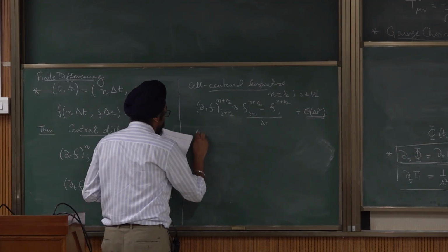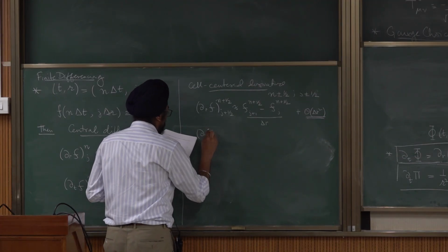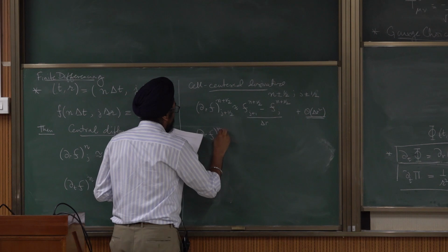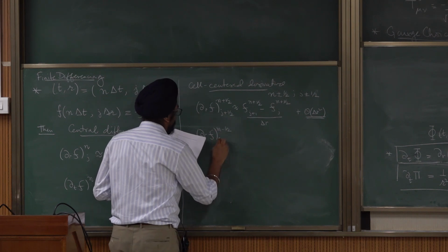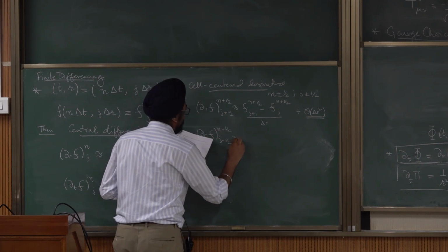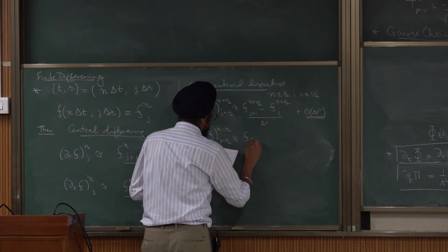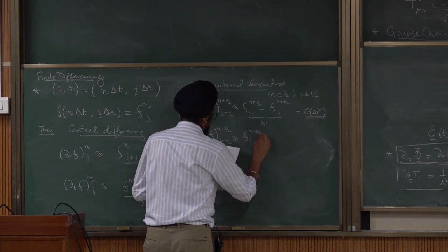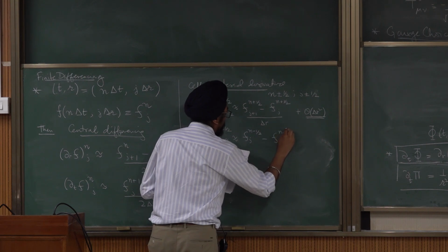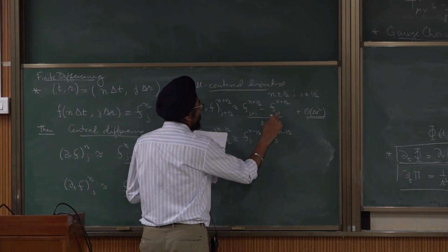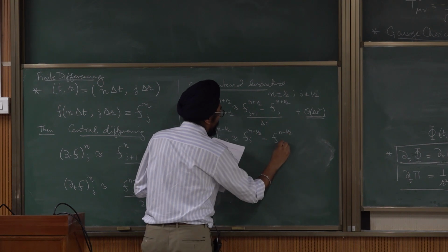And then you have delta r f at n minus half, j minus half, which is f j n minus half minus f j minus 1. So this is j plus 1 and j, and now you're doing j and j minus 1.